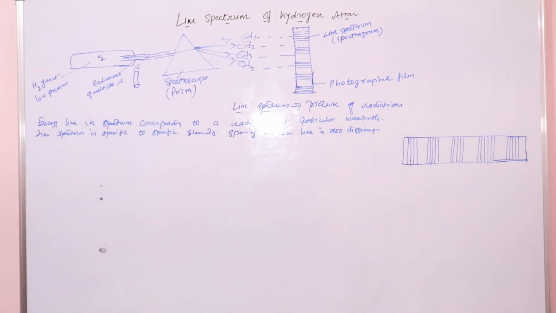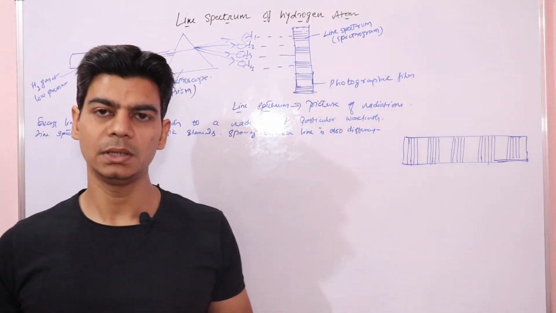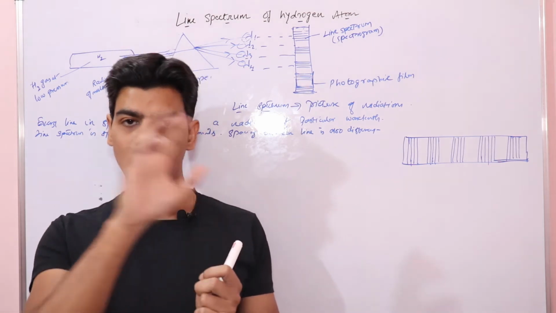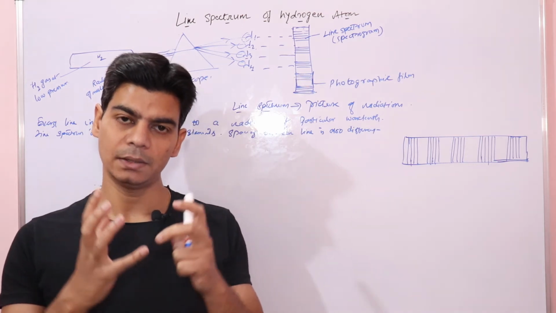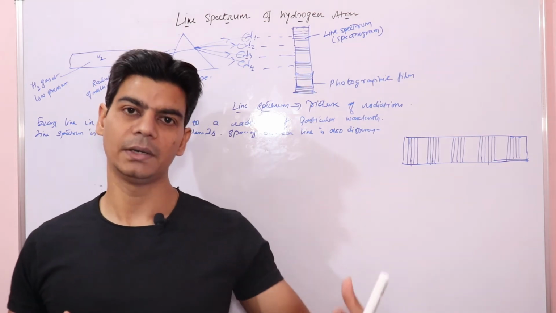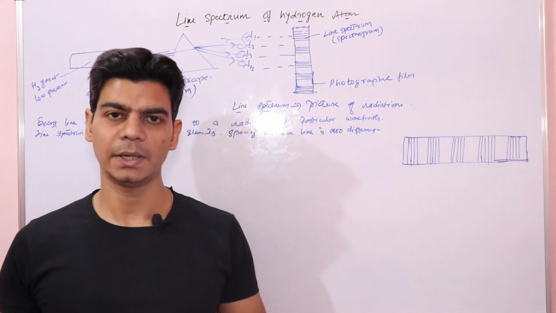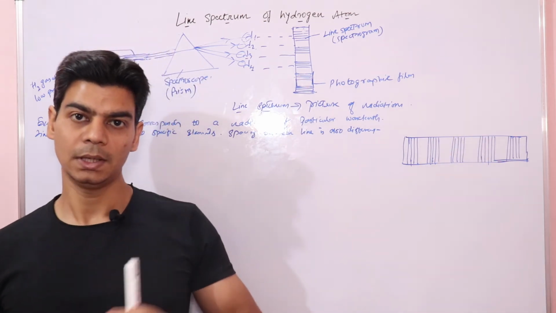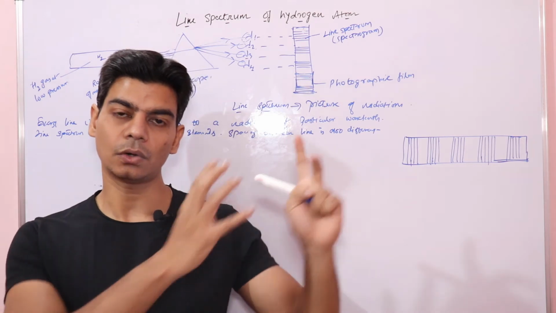Now let's quickly understand the formation of the line spectrum based on Bohr's model of atom. Bohr's model says that an electron will continue to revolve in its specific orbit. When the atom is excited, the electrons absorb energy and move to a higher energy state. We have studied that the higher energy state is short-lived.